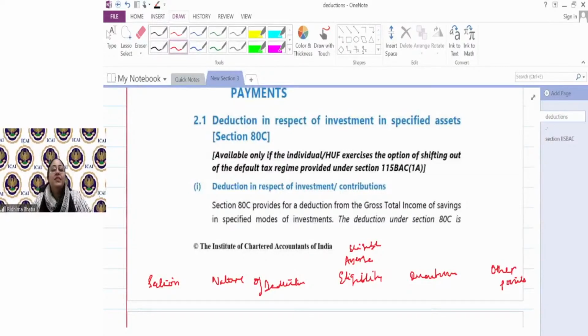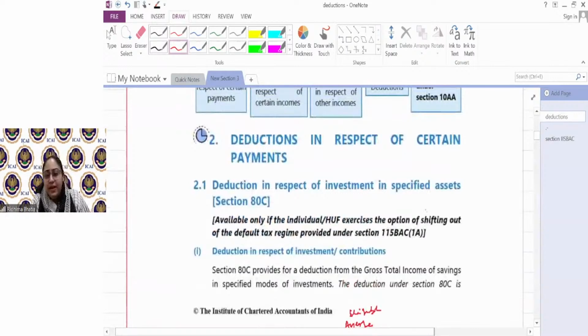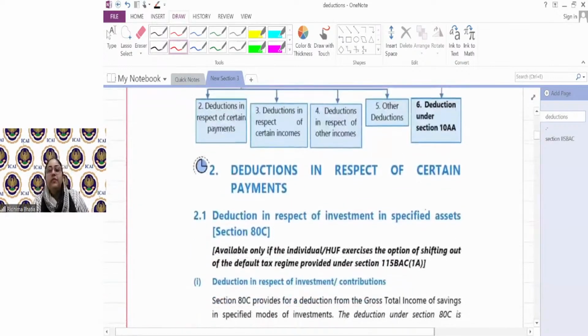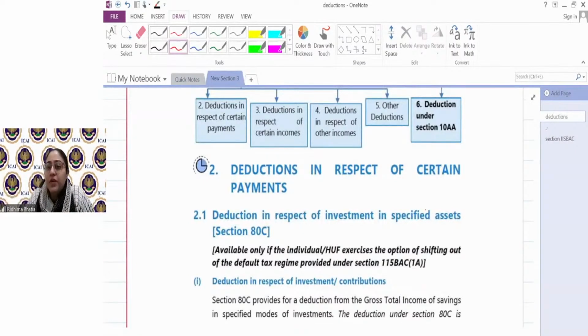So the first section is Section 80C, deduction in respect of investments in specified assets. First of all, guys, remember one thing: wherever the government has given us certain benefits in the form of deductions or otherwise, the main aim is to match their vision. What does the government want?